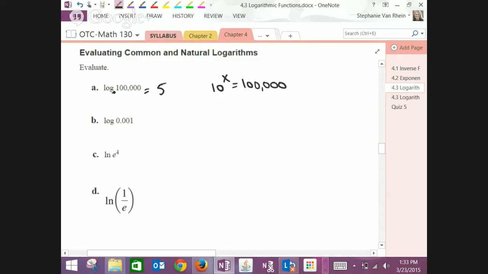So this is base 10. 10 to what power is 100,000? That would be 5. Here, this is saying 10 to what power is 0.001? -3. This is saying 10 to the x is 0.001, so x is -3.